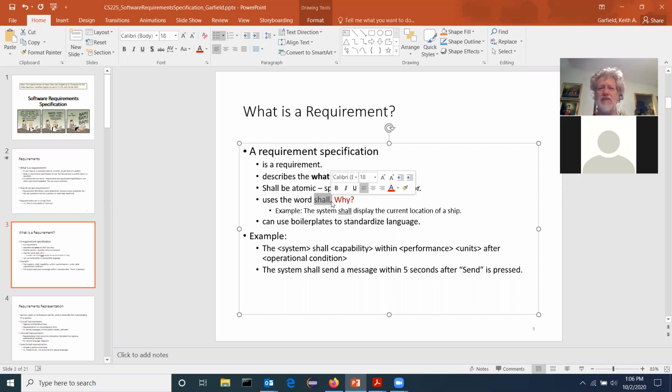Some people use must. Must is equivalent to shall, but shall is the preferred terminology. Should is never any good. Yeah, it should, but it didn't, so what? I didn't fail the requirement. It should, but it didn't. Whereas if it's shall and it doesn't, then you've definitely failed the requirement.